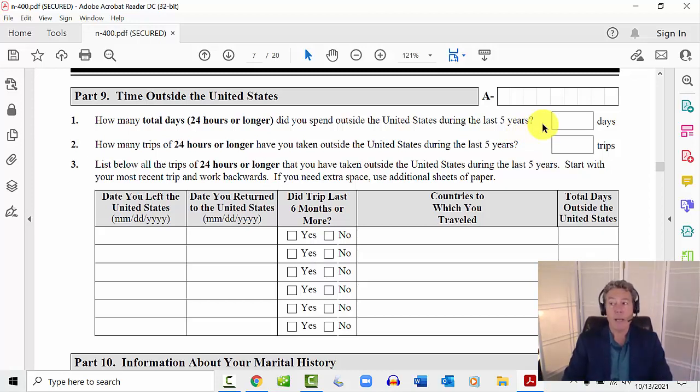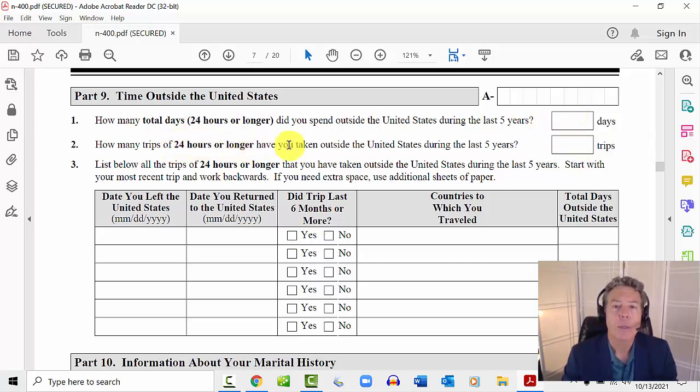And if you've spent a lot of time out of the United States, you're going to want to put a copy of your passport in with your application to let them see your entry and exit dates, because you've got to demonstrate that you've been here half the time that you're supposed to be, that you have your full physical presence eligibility satisfied. How many days?